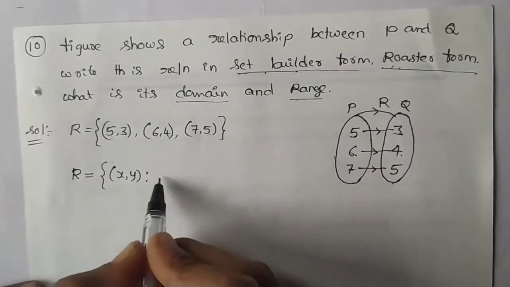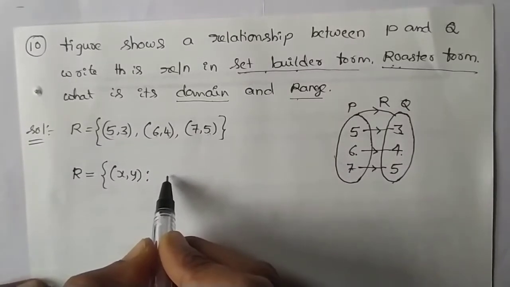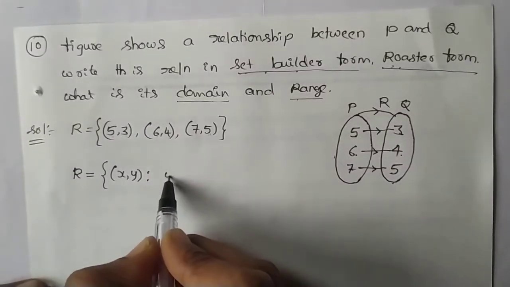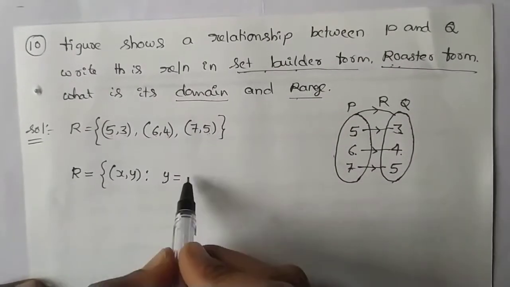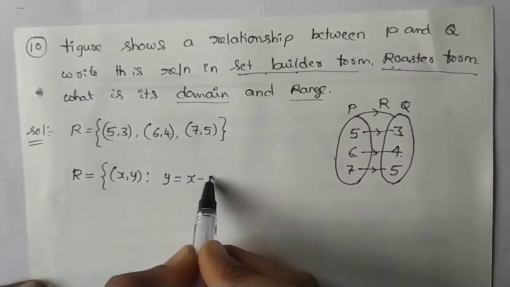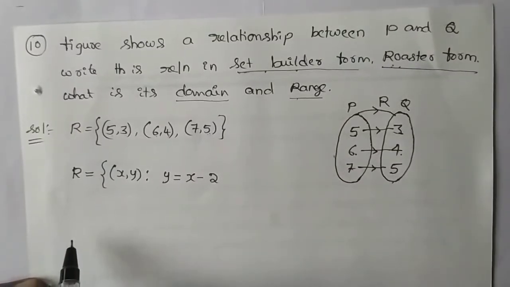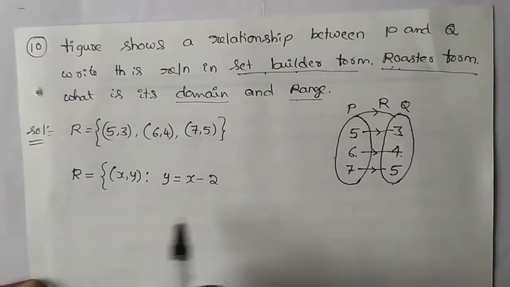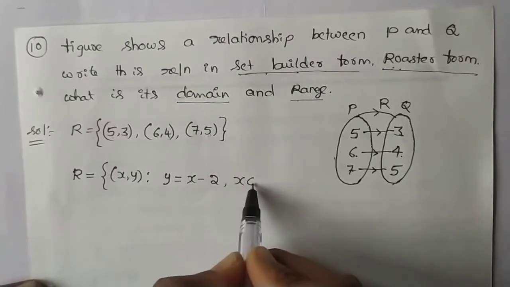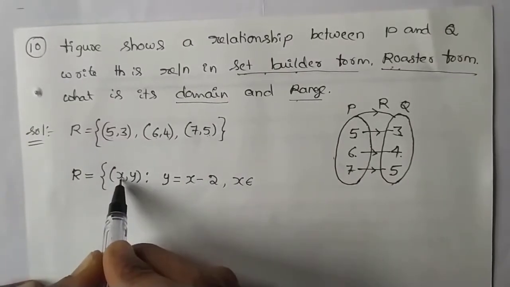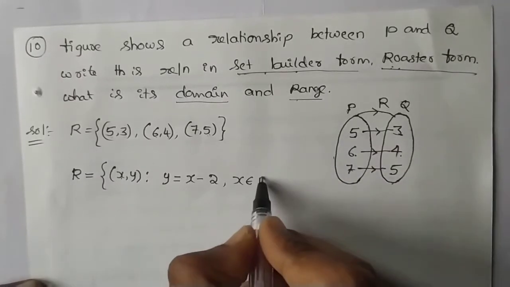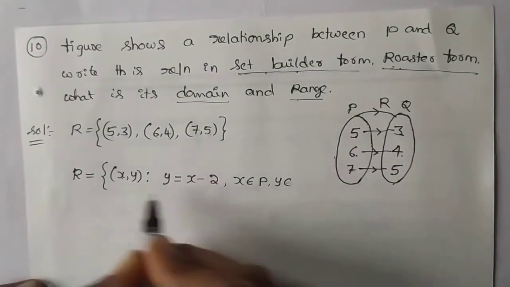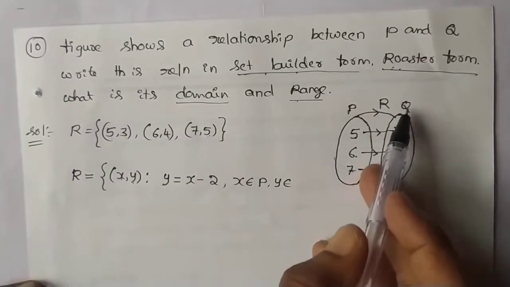Such that here we have the common difference 2. Then y equals x minus 2. The first element x should belong to the set P. Next, the second element y should belong to the set Q.